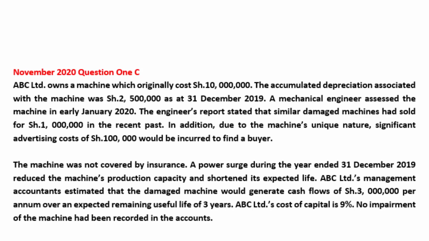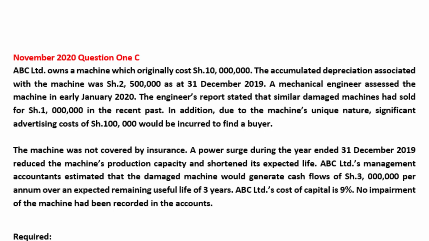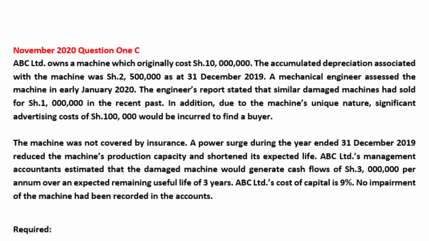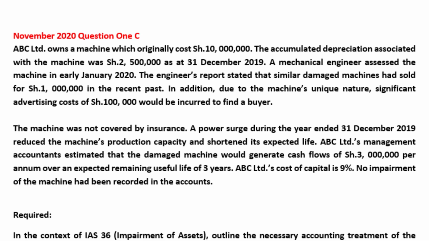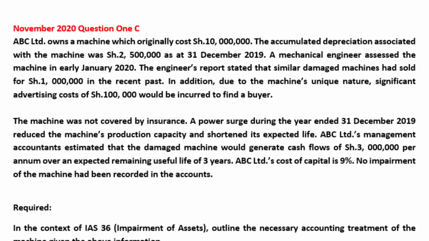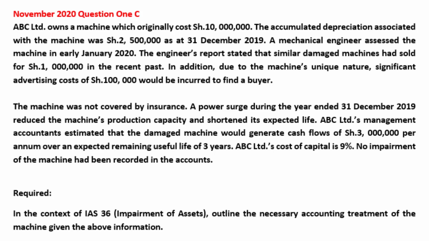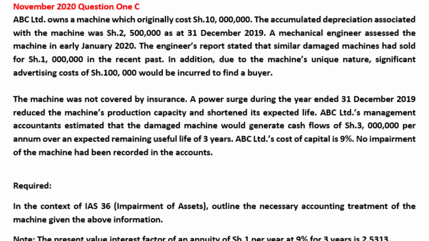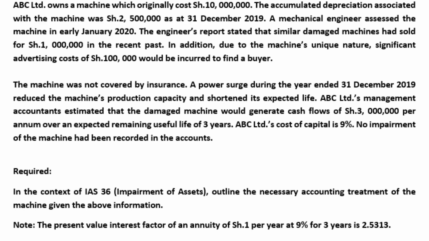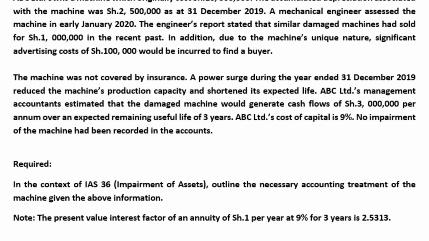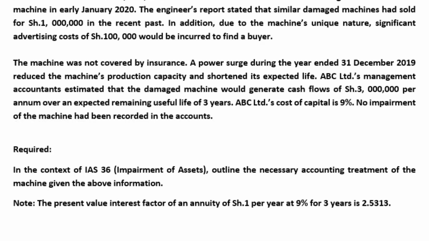We are told a power surge during the year ended 31st of December 2019 reduced the machine's production capacity and shortened its expected life. ABC Limited's management accountant estimated that the damaged machine would generate cash flows of shillings 3 million per annum over the expected remaining useful life of 3 years. ABC Limited's cost of capital is 9%. No impairment of the machine had been recorded in the accounts. So we are required, in the context of International Accounting Standard number 36, which governs impairment of assets, to outline the necessary accounting treatment of the machine given the information above.